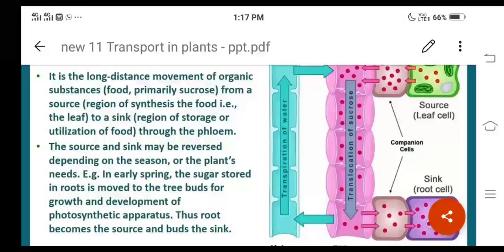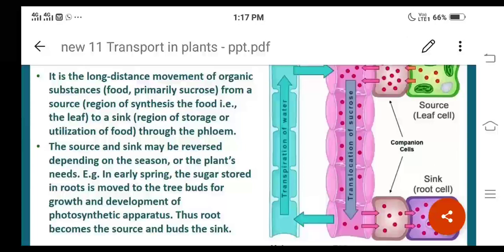Say for example in early spring, what will happen here? The sugar stored in the roots is moved to the tree buds for growth and development of photosynthetic apparatus. In early spring, if there is food scarcity, then the sugar will move from the root part to the tree buds for the development of the buds and their growth, as well as for the development of photosynthetic apparatus.